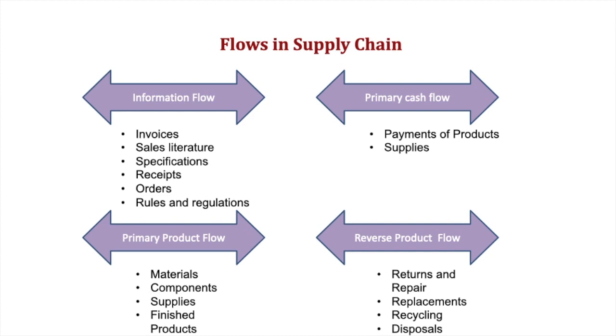The flow of supply chain. There are 4 concepts here in the flow in the supply chain. The first one is information flow. It is very important to know what the invoice is, what the sale is, the specification, the order, and the rules and regulations.